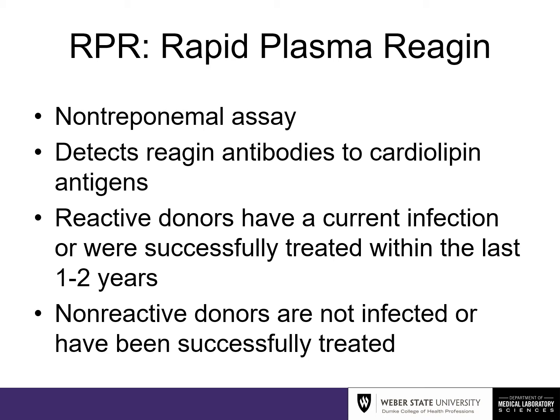And so the RPR is no longer detecting any of those cardiolipin antigens and flagging that this person might have syphilis or needs a confirmatory test to actually decide if they really do have an active syphilis case.